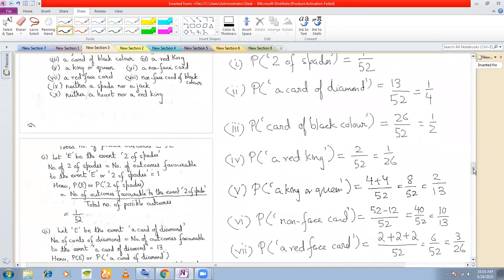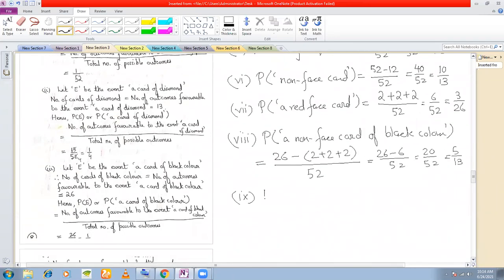Next is neither a spade nor a jack. That means, how many spades? There are 13 spades. So neither a spade means from 52 cards, you remove the 13 spades. Nor a jack. How many jacks? There are 4 jacks.